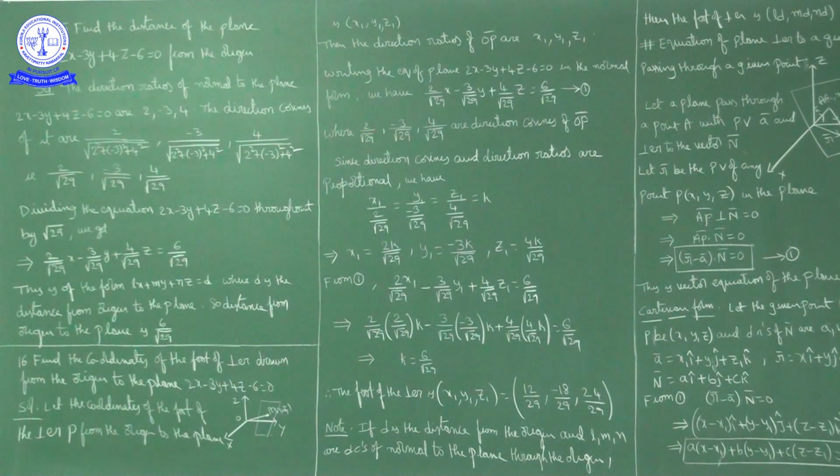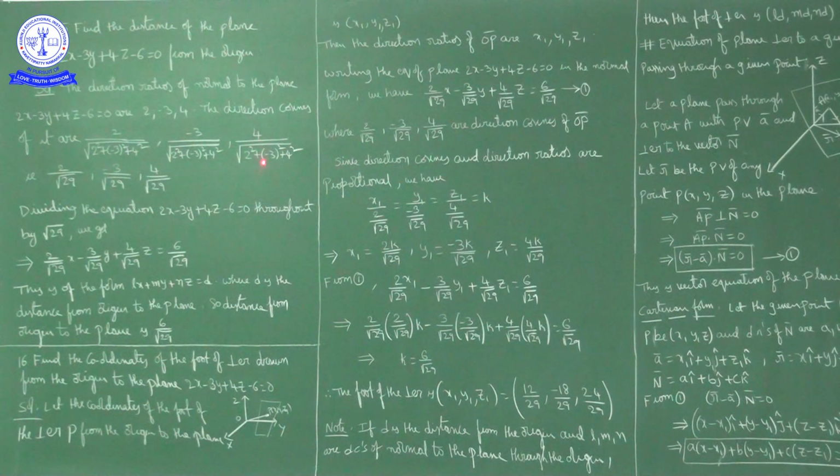Now using this, as 2, minus 3, 4 are direction ratios, the corresponding direction cosines are 2 upon square root of 2 square plus minus 3 square plus 4 square, minus 3 upon the same square root, and 4 upon the same square root.